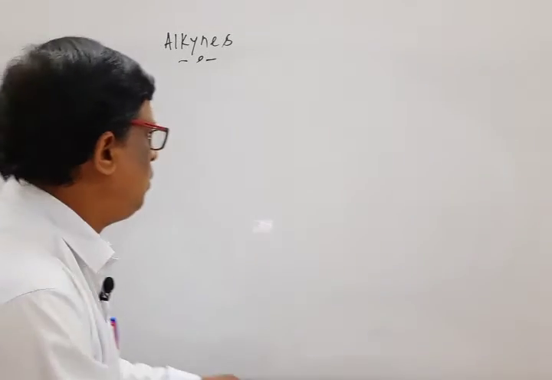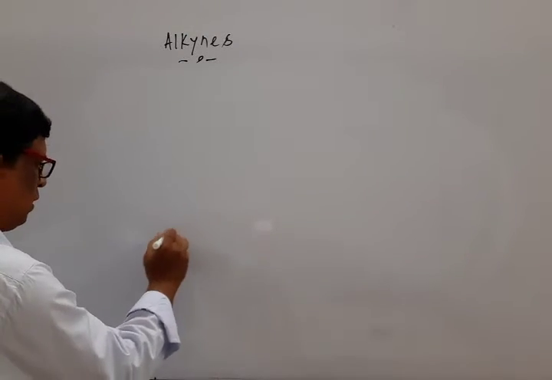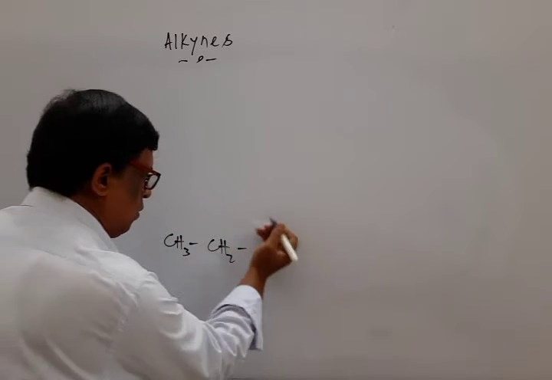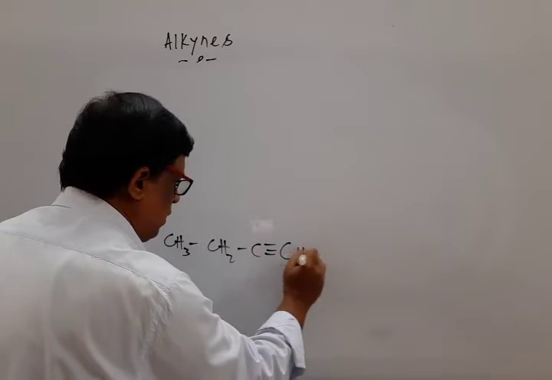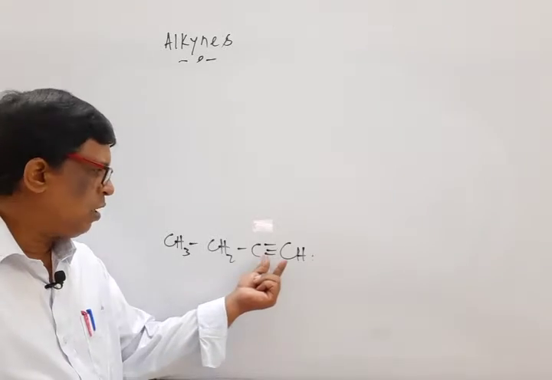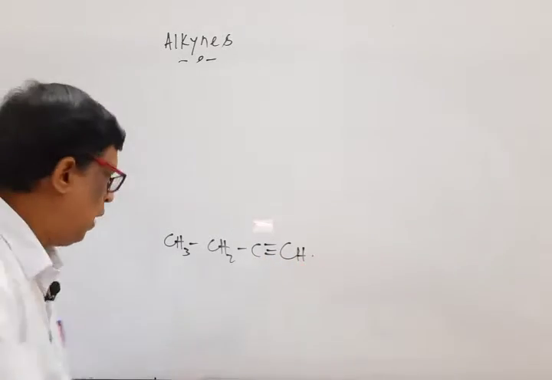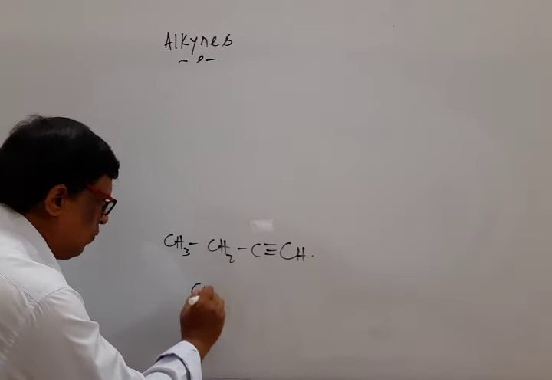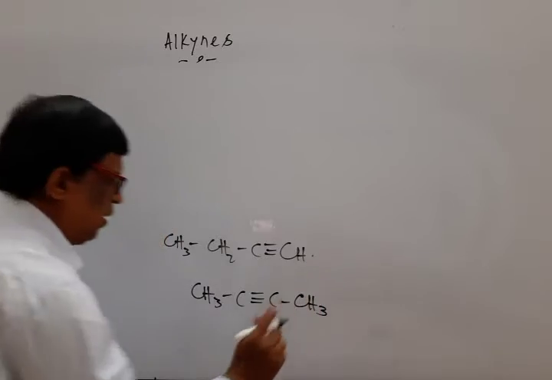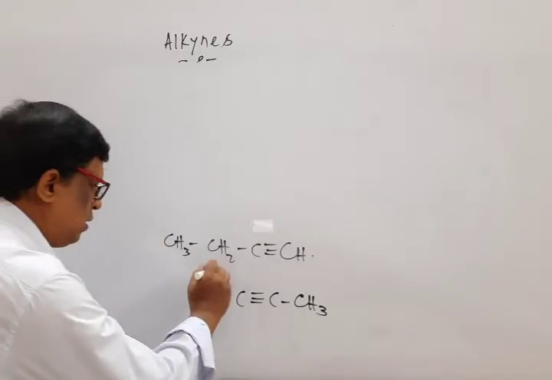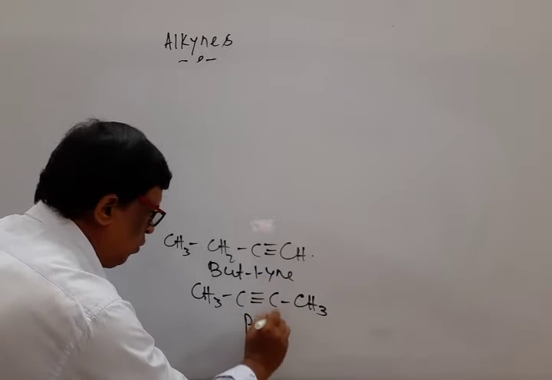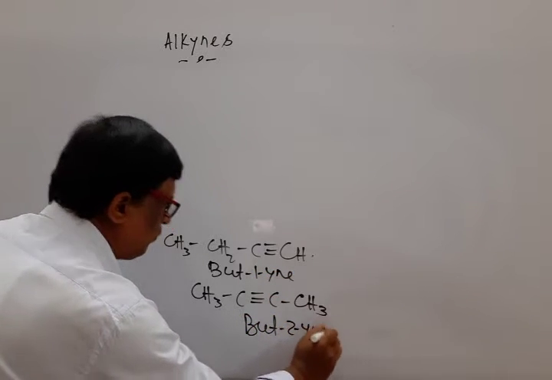Mark that. For example, CH3 CH2 C triple bond CH is known as terminal alkyne because the triple bond is present at one of the ends, while CH3 C triple bond C CH3, mark that, this one's name is but-1-yne and this one's name is but-2-yne.